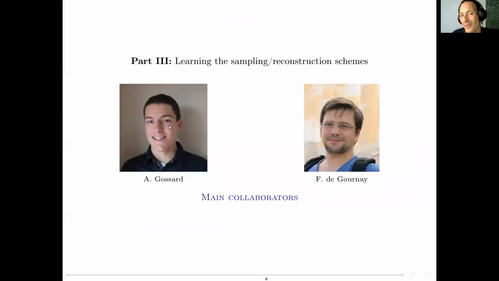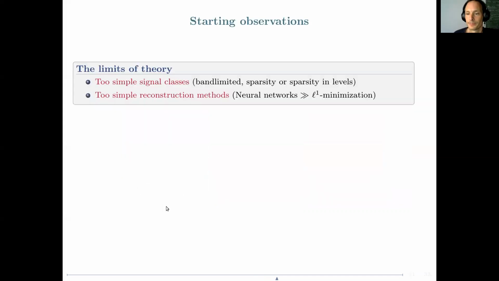Now I will try to review a bit what has been done with deep learning to optimize the sampling and reconstruction process simultaneously. What I will tell you was also joint work with Alban Gossard and Frédéric de Gournay. The limits of theory are rather clear.